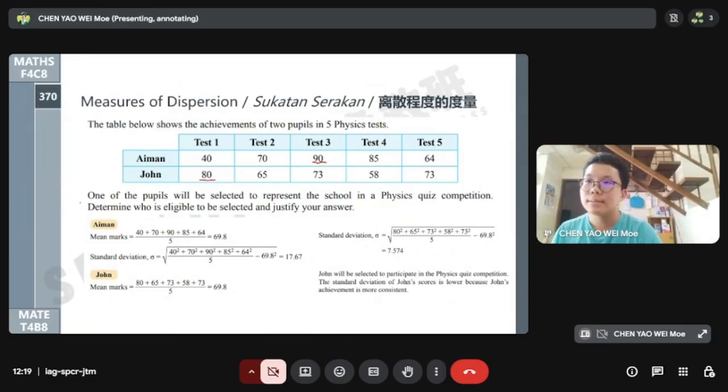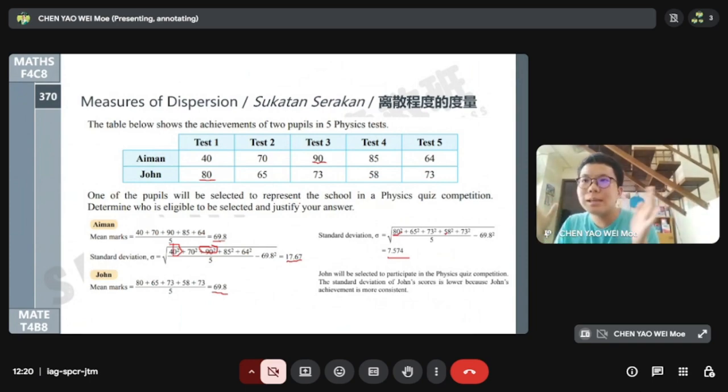So the teacher wants to choose the person who makes the result consistently. We use standard deviation. Need to find the mean first, then we can calculate SD. Look, although these two people have the same mean, the SD answers are different. You can use a calculator to calculate it. Both people, their SD is different. Why? Because you see this one, 40 is very far, 90 is very far compared to the others. John's highest is 80, the lowest is 58, not so far away.